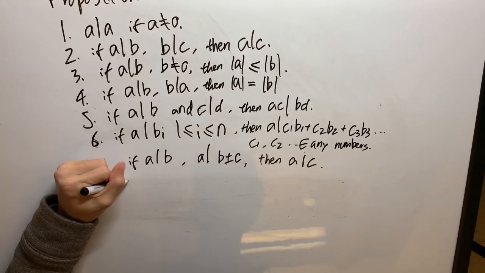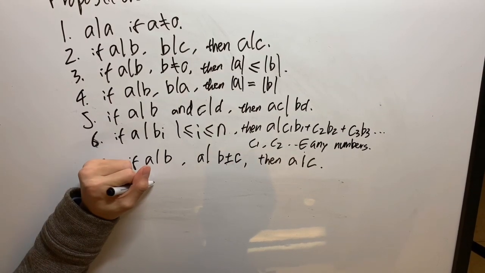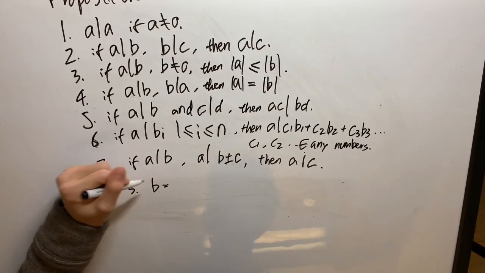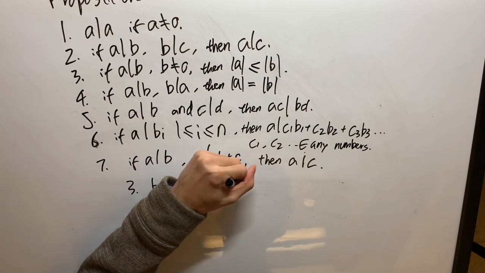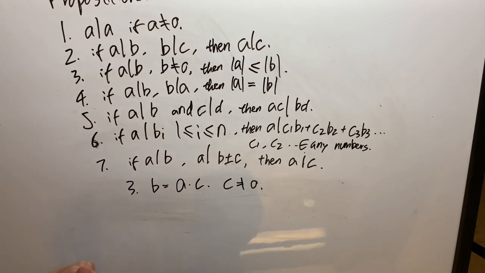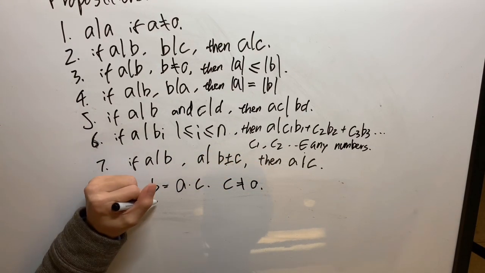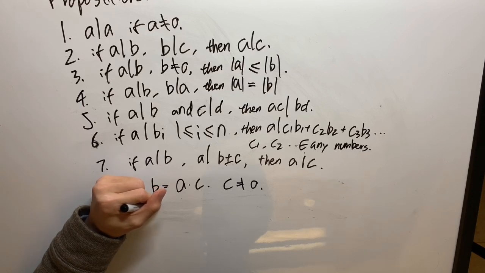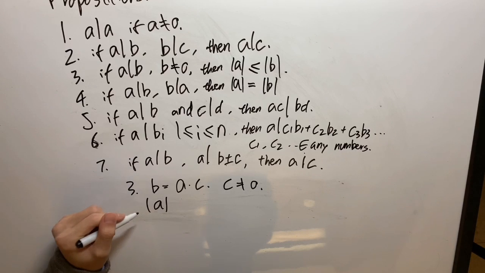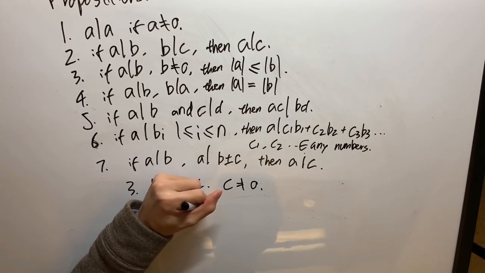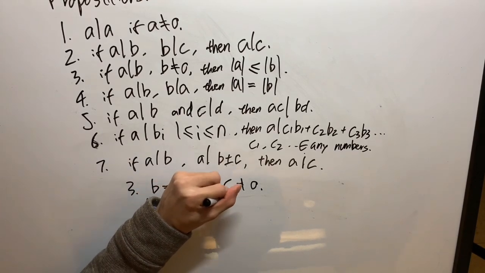For the third one, let b equal a times c, and obviously c does not equal 0. So the absolute value of a is less than or equal to the absolute value of a times the absolute value of c.